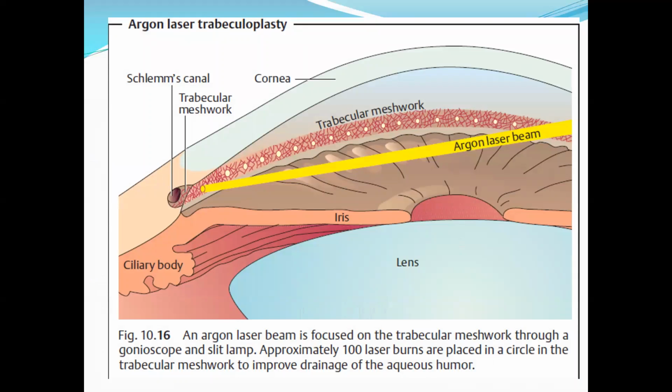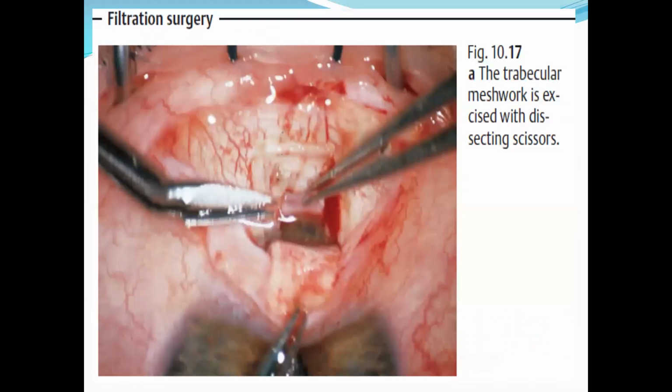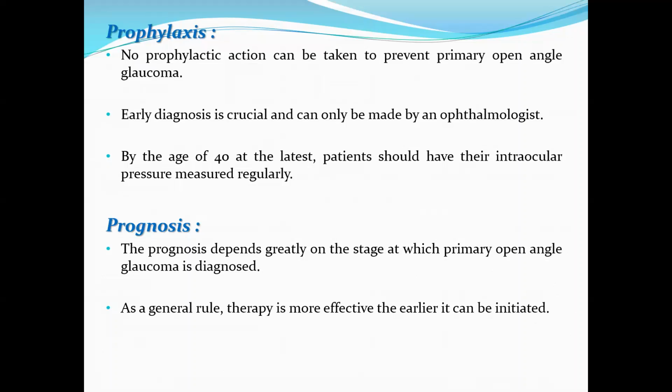On this slide, you can see the technique of argon laser trabeculoplasty, this technique of filtration surgery, and prophylaxis of glaucoma. No prophylactic action can be taken to prevent primary open-angle glaucoma.